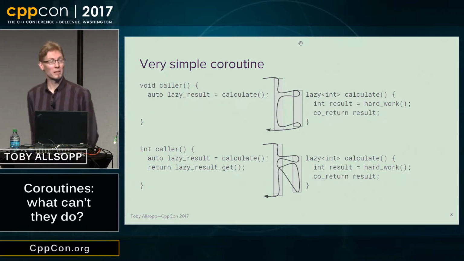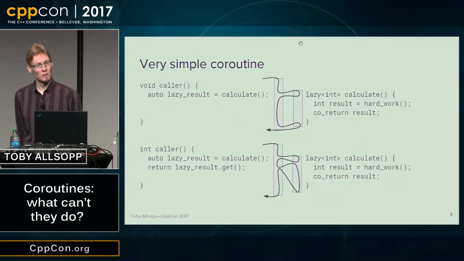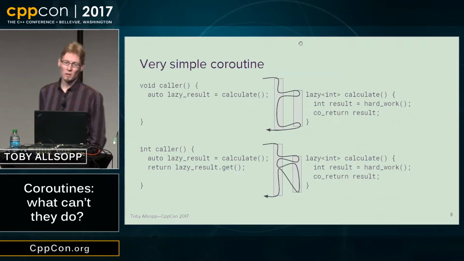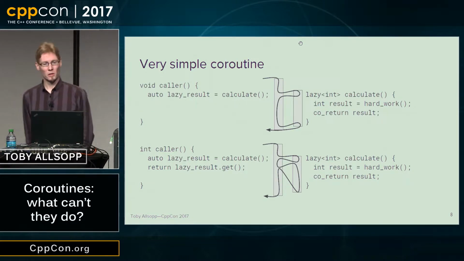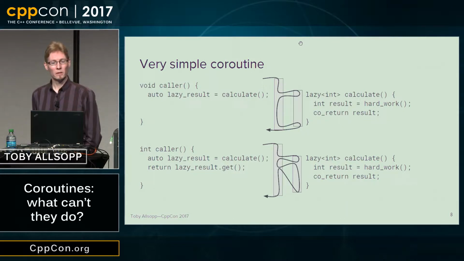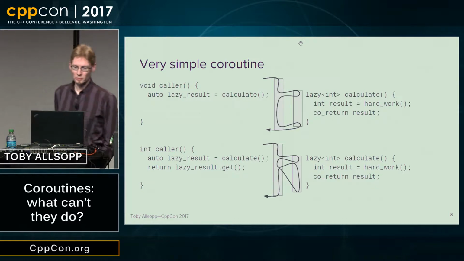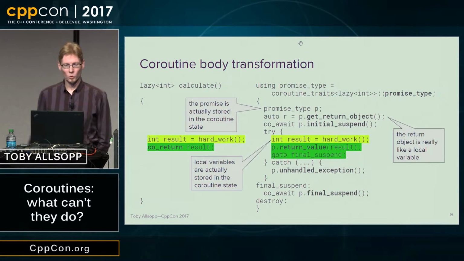The destructor of that lazy class destroys the coroutine, and the expensive work is not done in that case because no one wanted it. The second case, you can see the caller calls this .get, which resumes the coroutine, performs the expensive work, returns the result, and all is well.